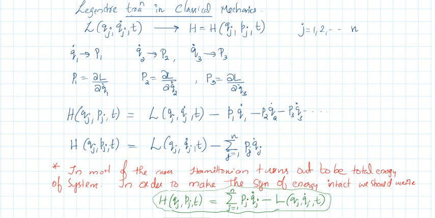You will understand that when I do some examples. So the correct way to write this is sigma pj qj dot minus L. The concept of Legendre transformation won't change if you take it like this also. H is equal to sigma j equal to 1 to n pj qj dot minus L. This is the way to obtain the Hamiltonian given the Lagrangian.